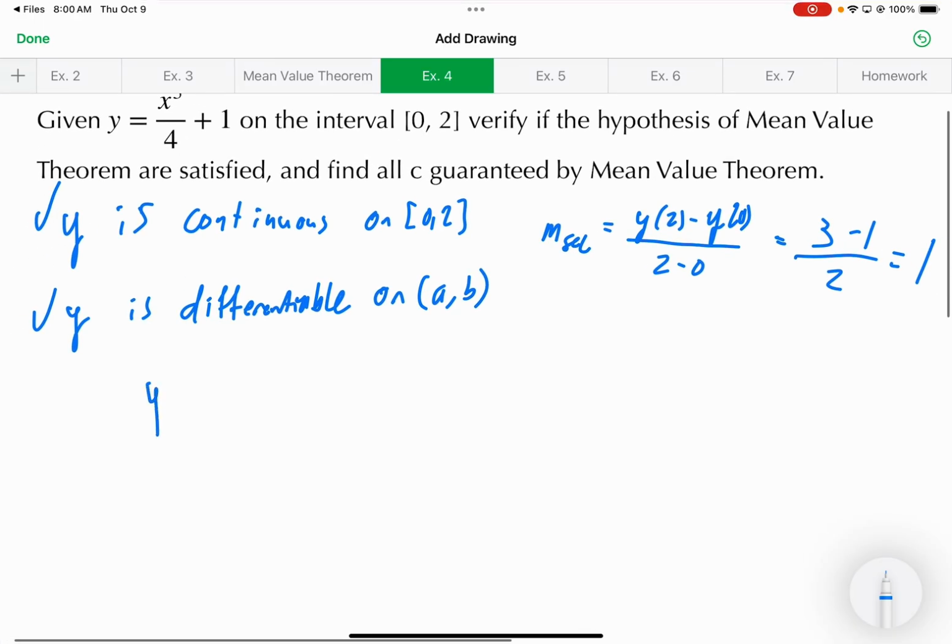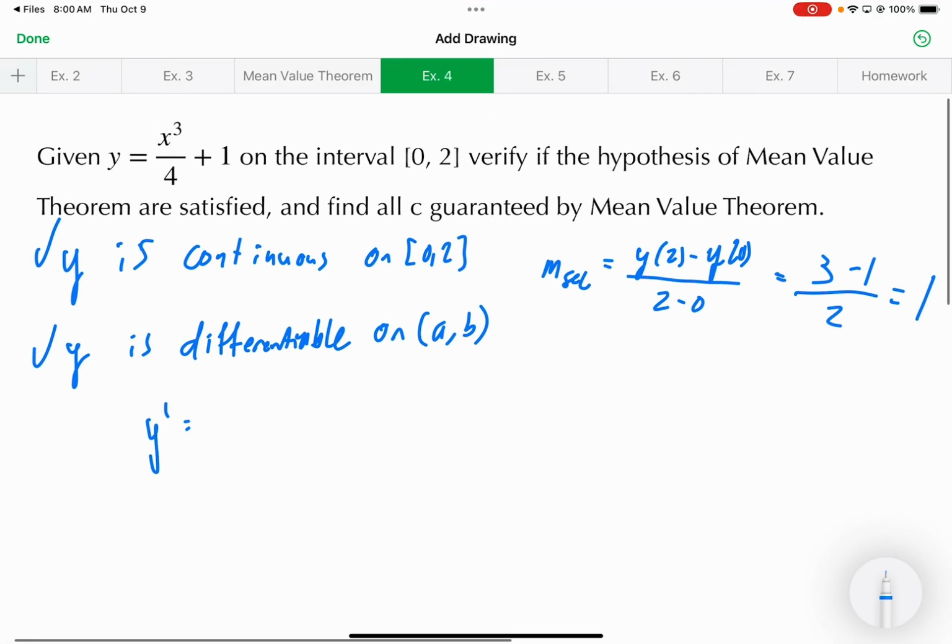Okay? All right, so y prime is equal to, all right, what's that derivative look like? Good. So 3/4 x squared, or 3x squared over 4, however you want to say it, doesn't matter. But now I need to set that equal to 1 and then solve.